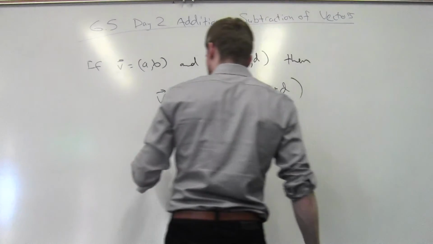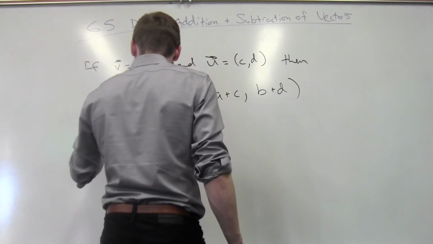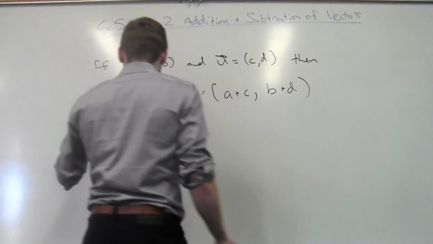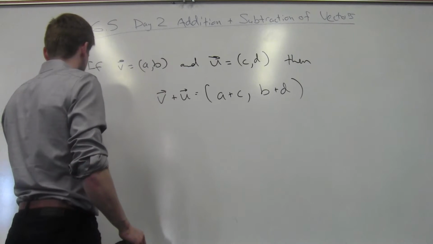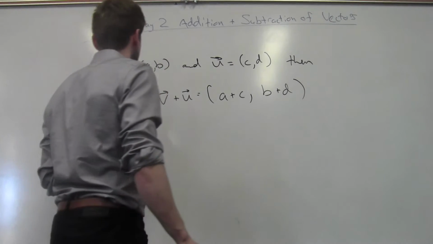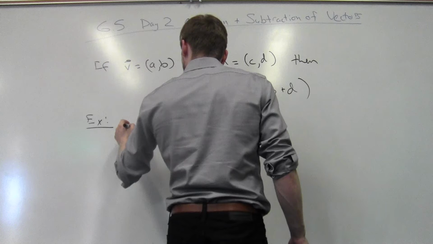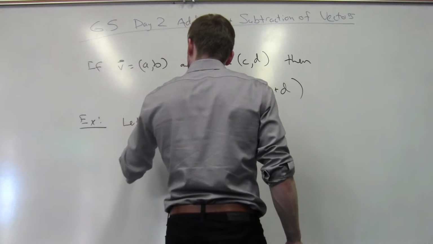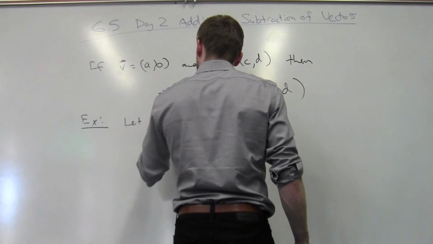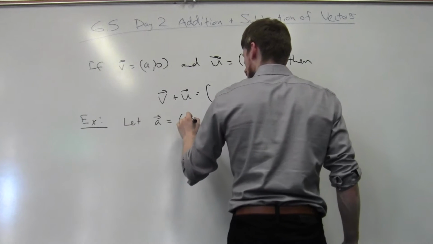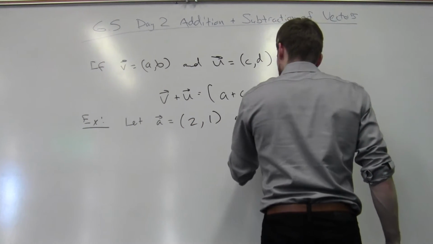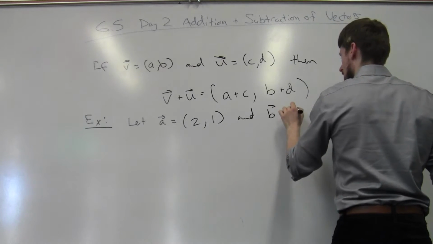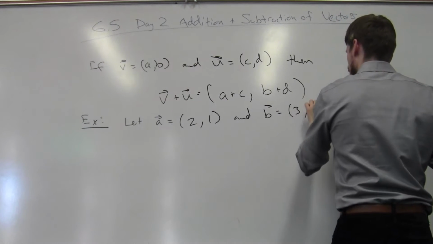Well, I'll try to draw a picture of this. And let's do an example. So let A equal the vector 2, 1, and B be the vector 3, 1.